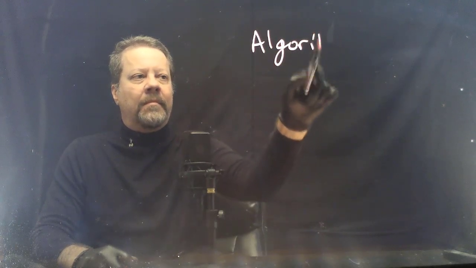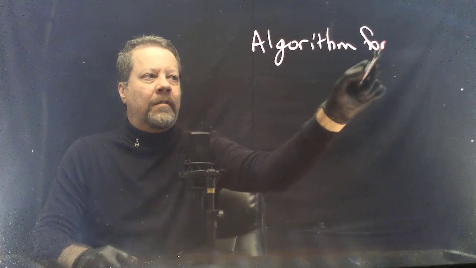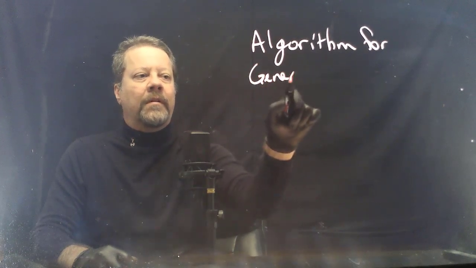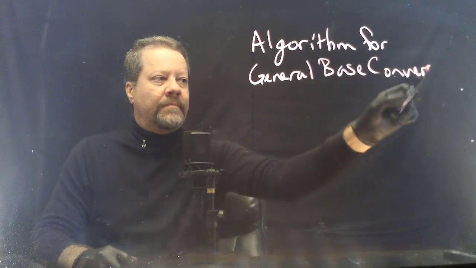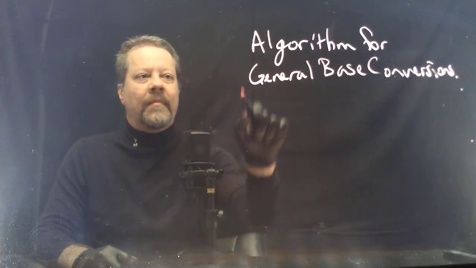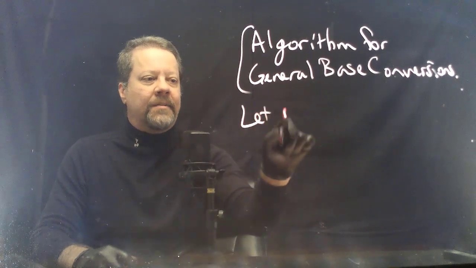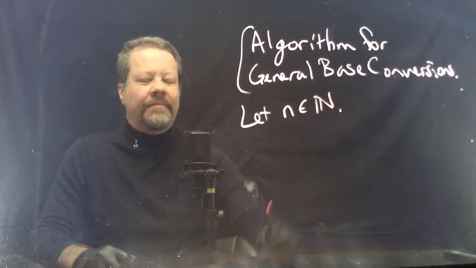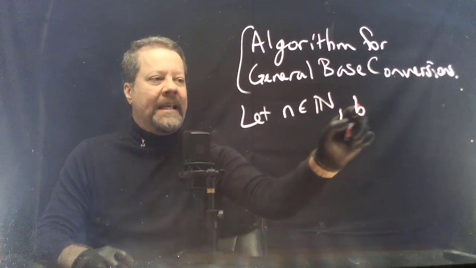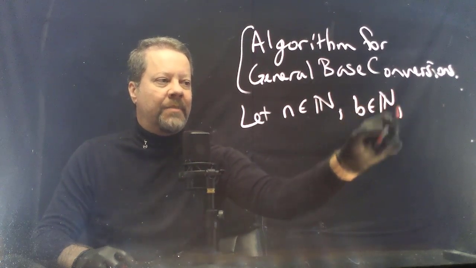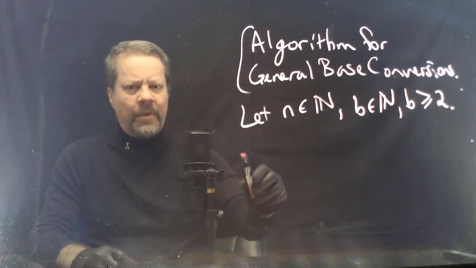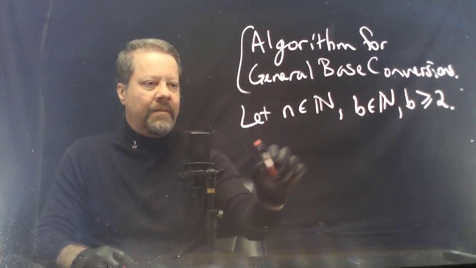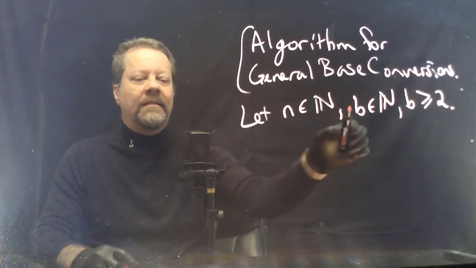There is an algorithm for general base conversions. And it goes like this. Suppose you have some natural number n, and b is also a natural number, but the base is at least 2. Then what you're going to do is divide n by b.